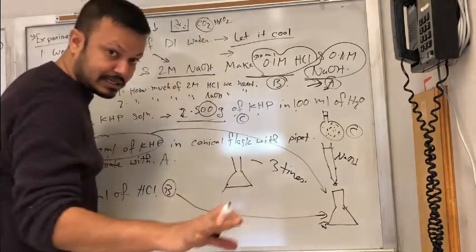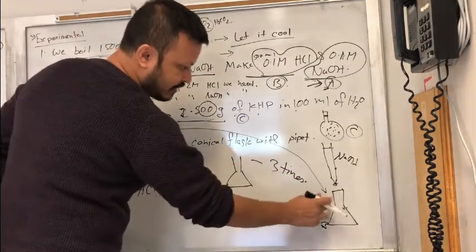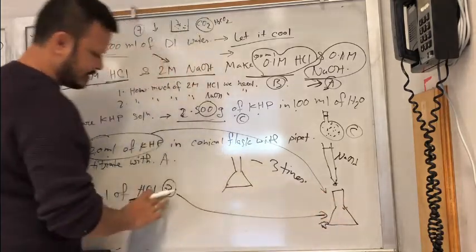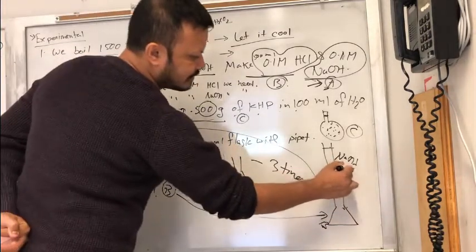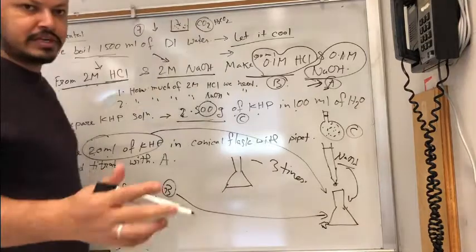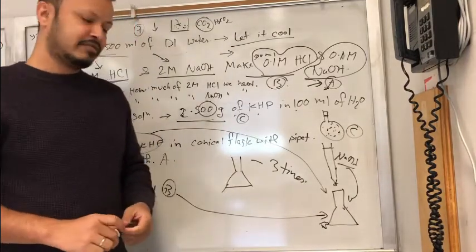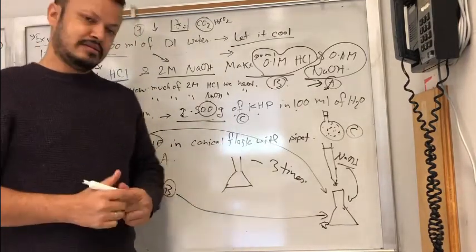After washing, you are taking B. Then you are going to titrate with the sodium hydroxide again 3 times. This way, you will find out the exact concentration of this titration.